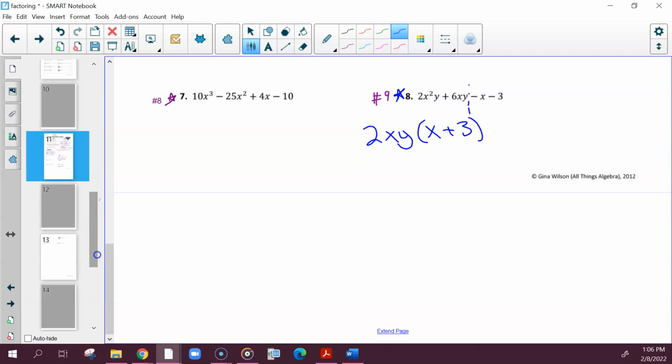Now, the second set of numbers, what could we divide out of that? Nothing. -1. So you can always divide out 1 or -1. In this case, because it's negative, we would divide out a -1. And then if we divide out a -1, what's left?